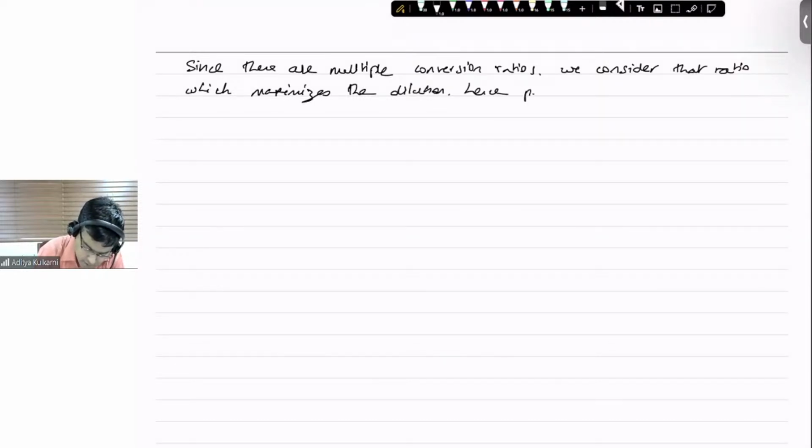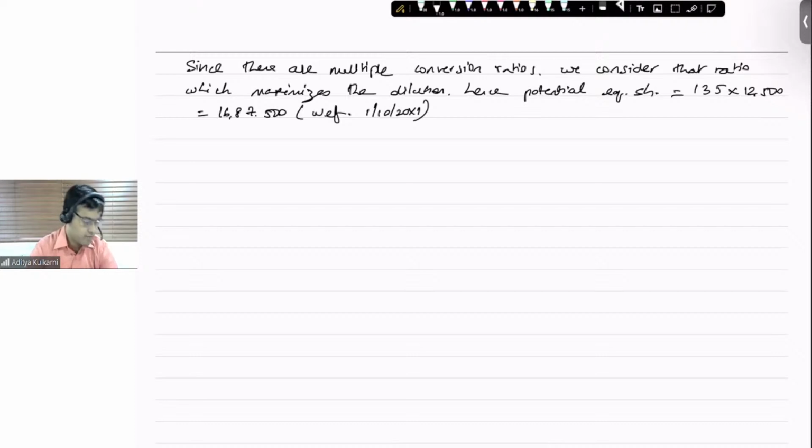Hence, potential equity shares is equal to 135 into 12,500, which is equal to 16,87,500, with effect from 1st October 20x1.